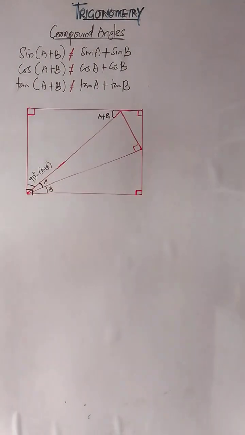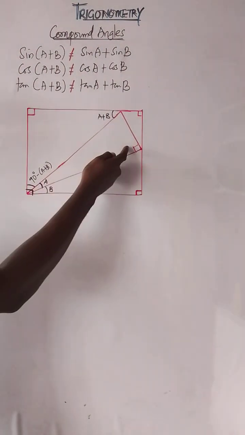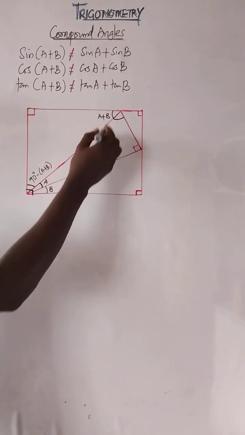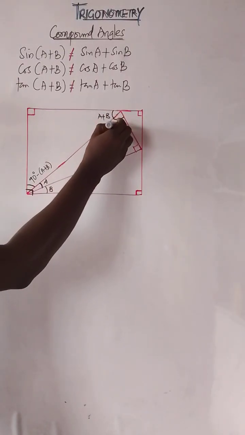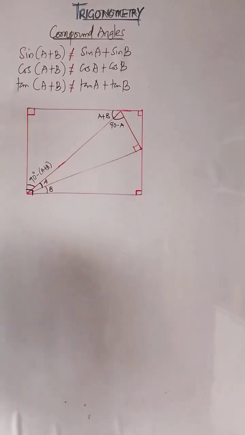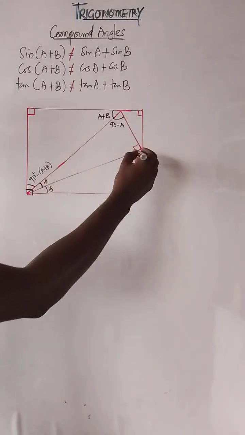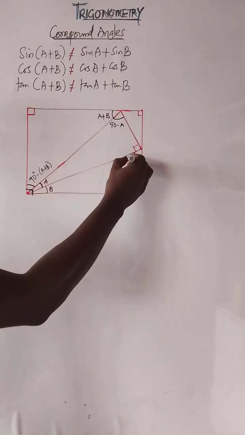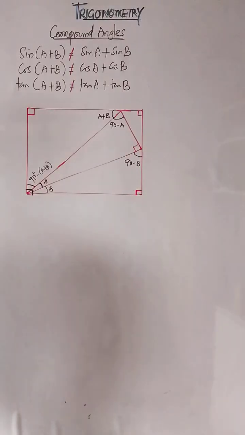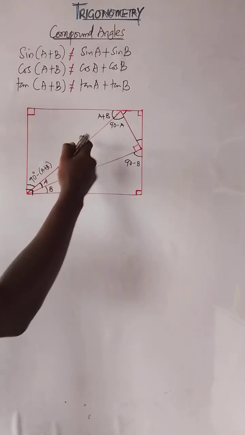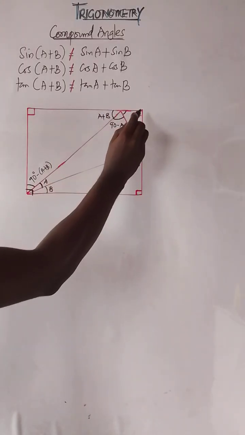Let's try to label all the angles. So if this angle is A and this is 90, what's left here has to be what? 90 minus A. Which other angle is left? This one here. If this angle is B and this is 90, what is left must be what? 90 minus B. So what is left? This angle and this angle are left. For this, total angle in a straight line is 180.